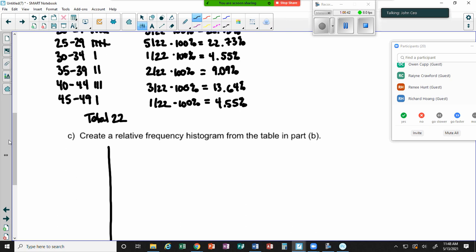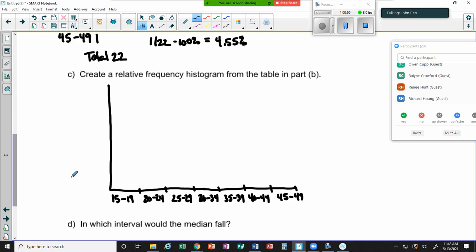So I'll probably count by fives, right? Pretty evenly spaced.